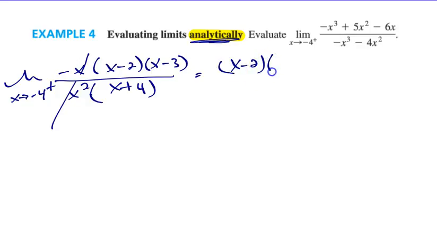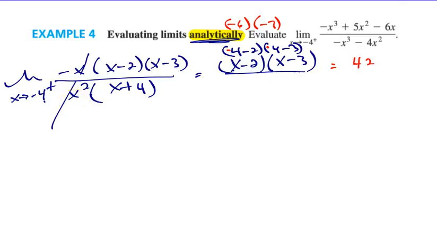So I think I'll just do direct substitution for the numerator. So let's plug in a 4, 4 minus 2 and 4 minus 3. Oops, I'm so sorry. Negative 4. Negative 4 is negative 6 times negative 7. And we'll go for 42.